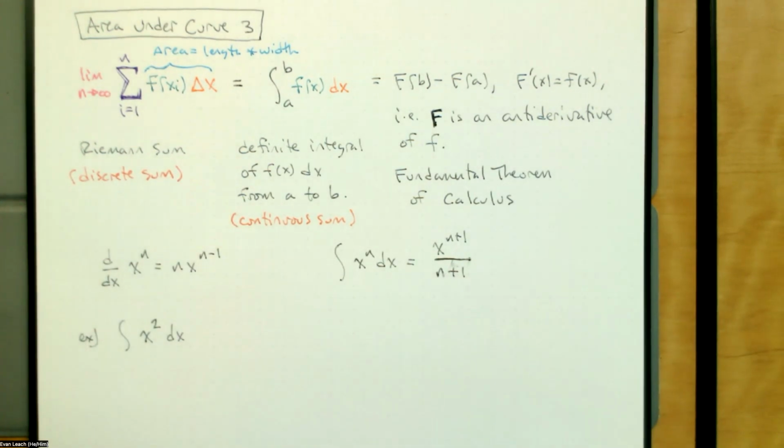Now, as instructions, just like d over dx says take the derivative of whatever's coming next, if I want you to find an antiderivative, one way I can ask that is to put it into an indefinite integral. So here's the integral of f of x dx. We just leave off the from a to b part.